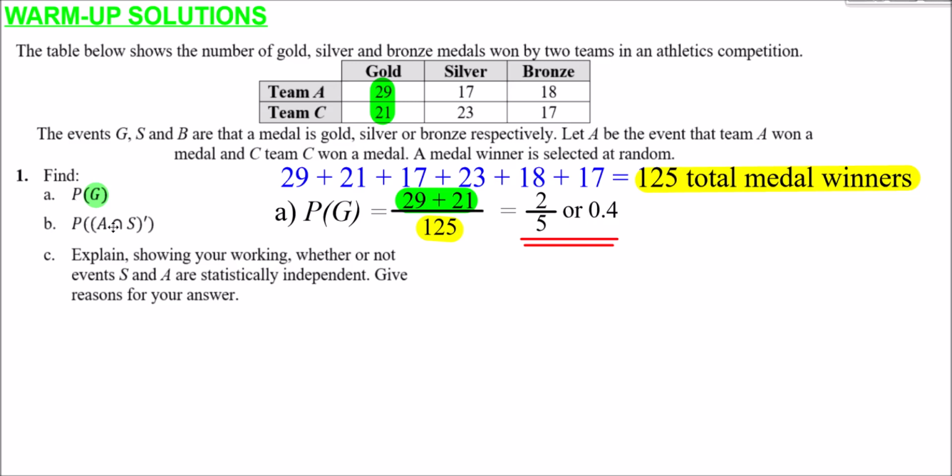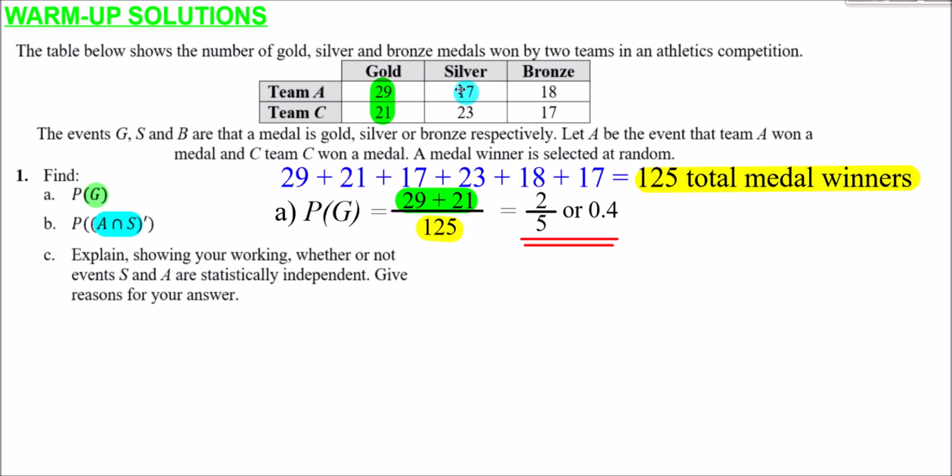Part B looks a bit harder. Part B says the probability of the intersection of Team A and silver medalists, but not those. So it's the probability that we select someone at random who did not win a silver medal and was in Team A. First of all, let's think about those in Team A who did get a silver medal. In Team A, we've got 29 plus 17 plus 18 people, and the ones in Team A that won a silver are 17.